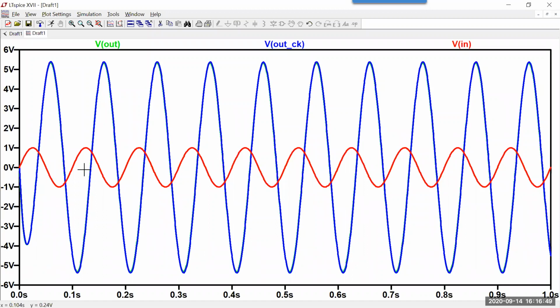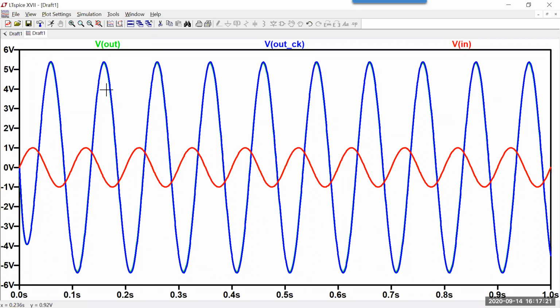So this is V in multiplied by 10, but then why isn't it 10? Because it's being attenuated, and you can see the phase difference. So if this is the input, it looks like the phase is lagging behind, so it's negative.